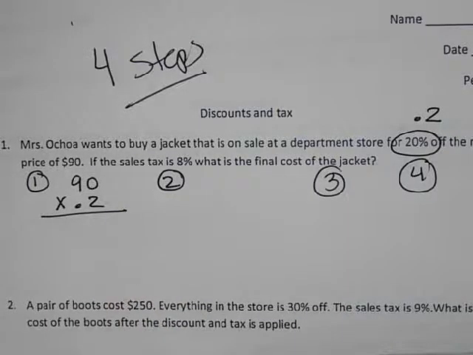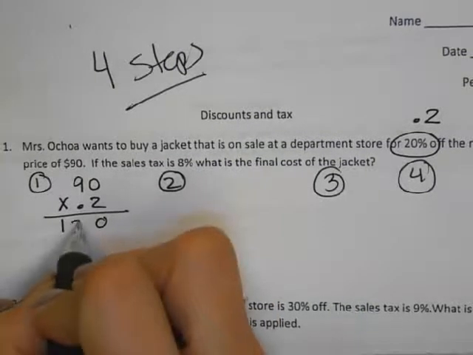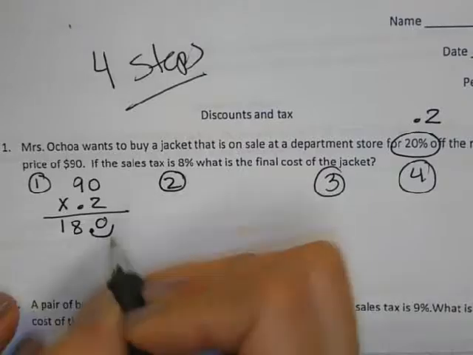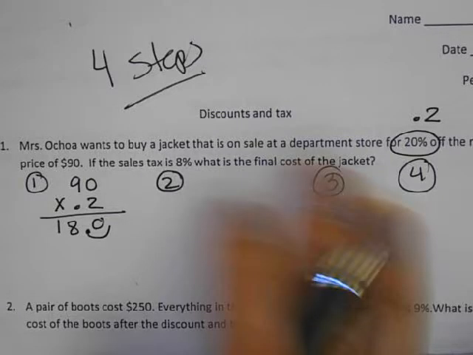Do that. Okay, you move your decimal over 1 time. $18.